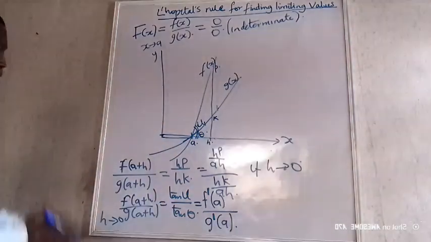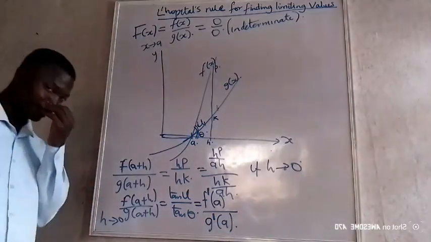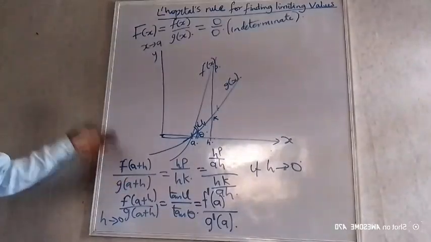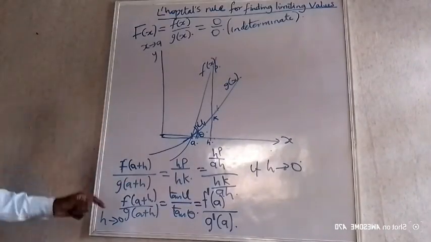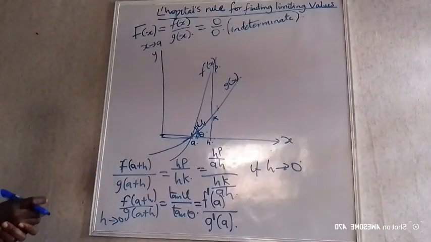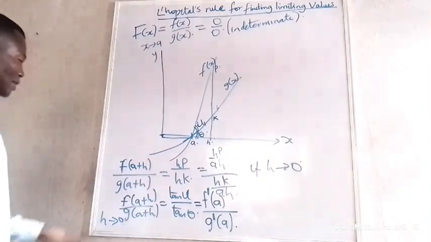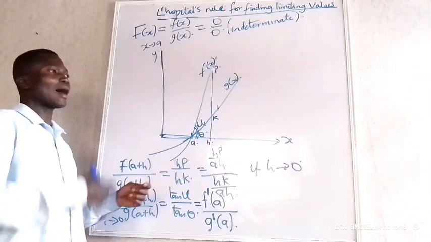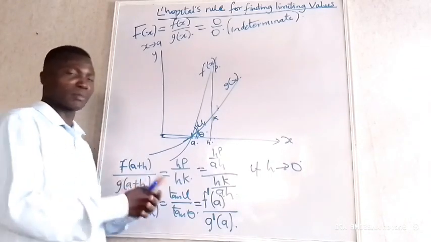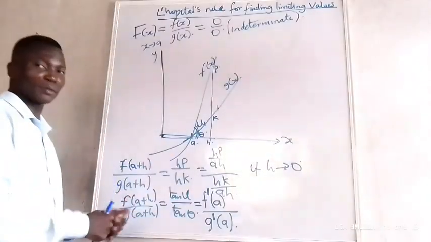So what does that mean? It means that when you are finding the limiting value and it's indeterminate, what you do next is to differentiate the numerator and differentiate the denominator, and the value that it gives you will be the limiting value at that point.